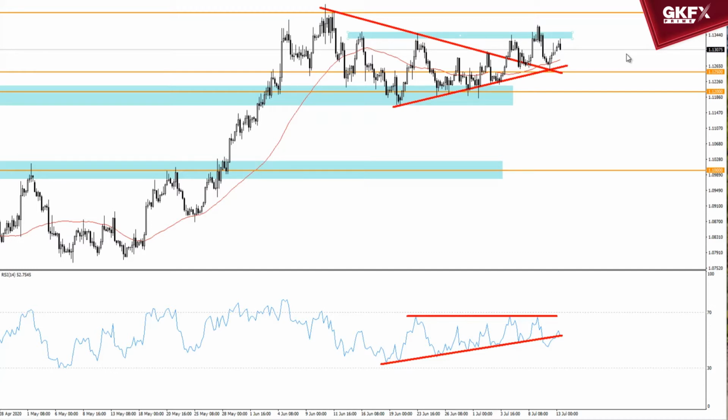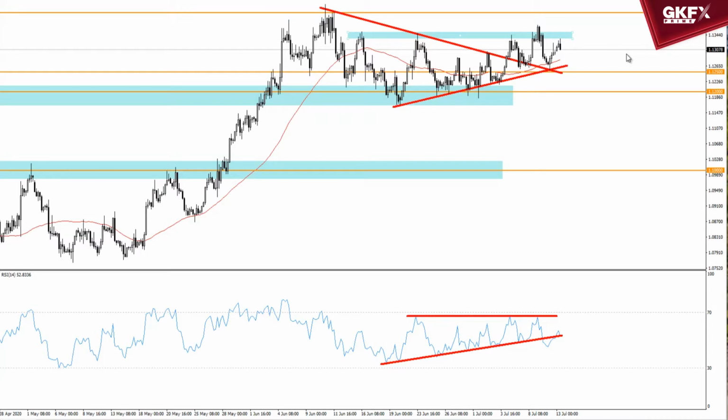A move beyond 113.50 in terms of breakout trades, that would be I think positive for the euro. On the downside, I think there's no clear trend in place. We've broken this triangle to the upside, but the upside hasn't really fully formed yet.